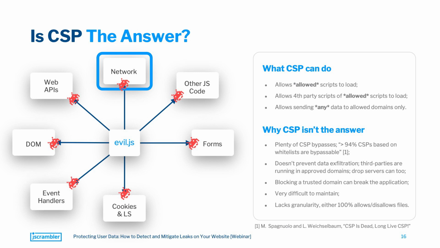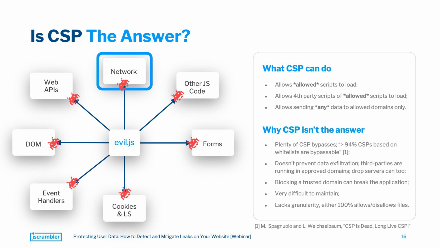I also want to address Content Security Policy, or CSP, which is a standard that is typically used by security teams to protect web pages against XSS and clickjacking. In case you're not familiar with CSP, what it does is let you define which external sources your website can connect to.